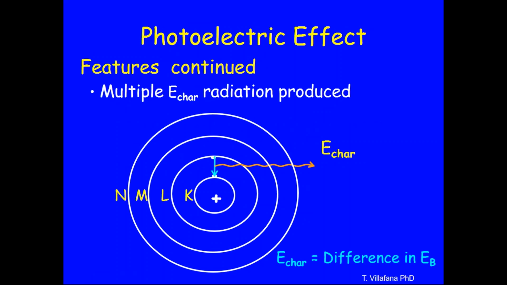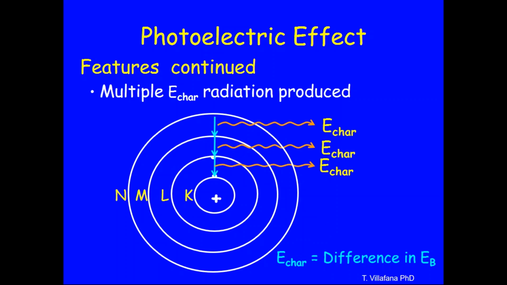And just like we saw in X-ray production, you can have multiple characteristic radiations produced because you can have multiple transitions between orbits. The same thing is going to apply here. Here we see a transition from L to K orbits. Out comes the characteristic radiation, characteristic of that energy difference. But now, as we have that vacancy moved up to the L, an electron from higher up will fall into that, giving you another characteristic radiation.